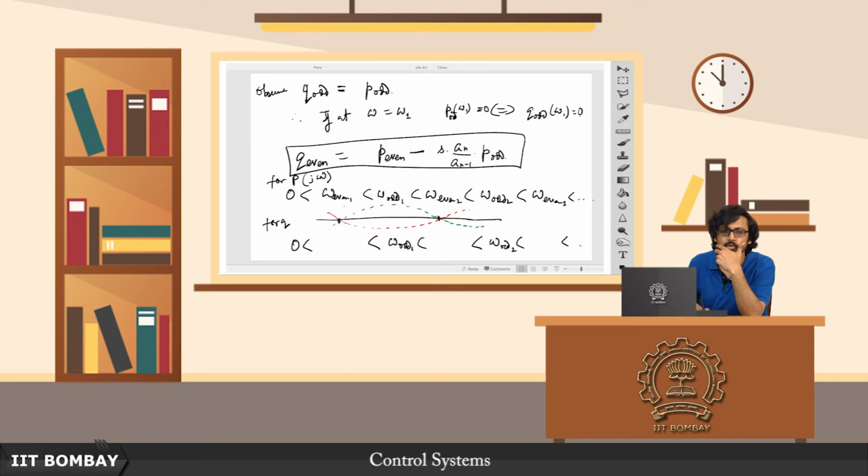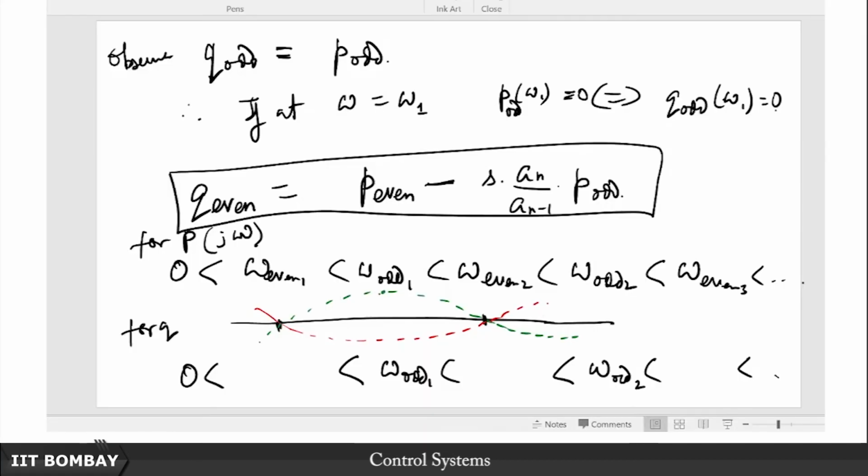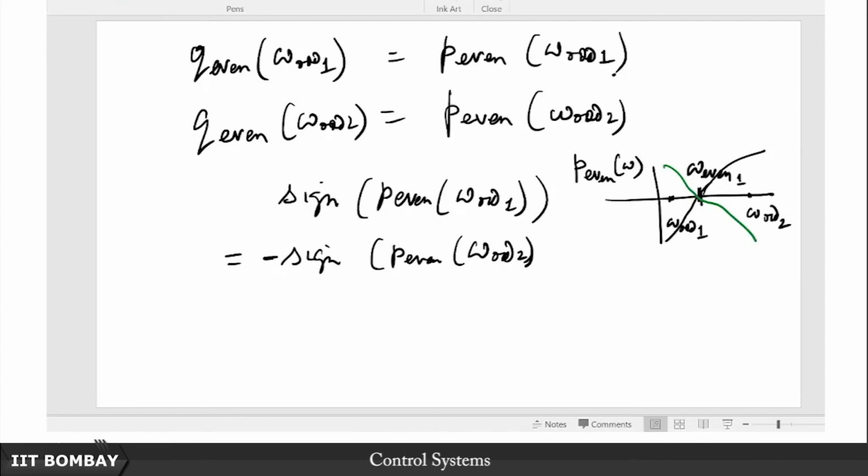These are the two ways in which the P even part can evolve. It must be 0 at ω even 1 and ω even 2. So at ω odd 1, whatever its sign is, at ω odd 2 its sign must be opposite. Same thing here also: if here it is negative, then here it must be positive, and if here it is positive, then here it must be negative. So that tells us that the sign of P even at ω odd 1 must be the opposite of the sign of P even at ω odd 2.